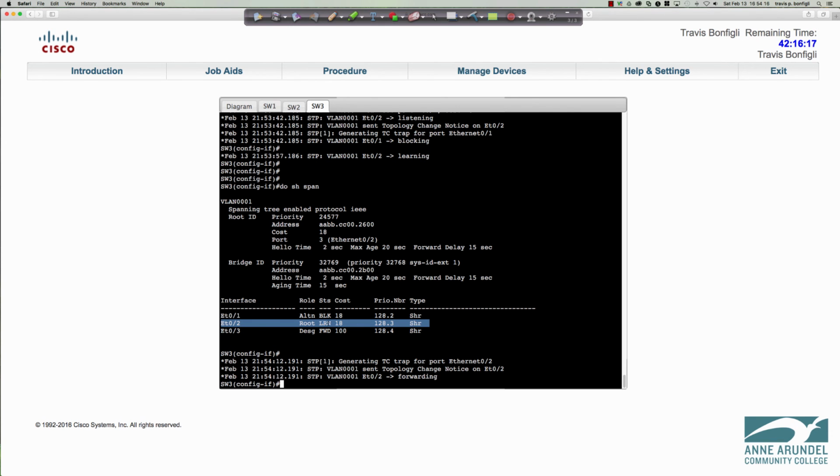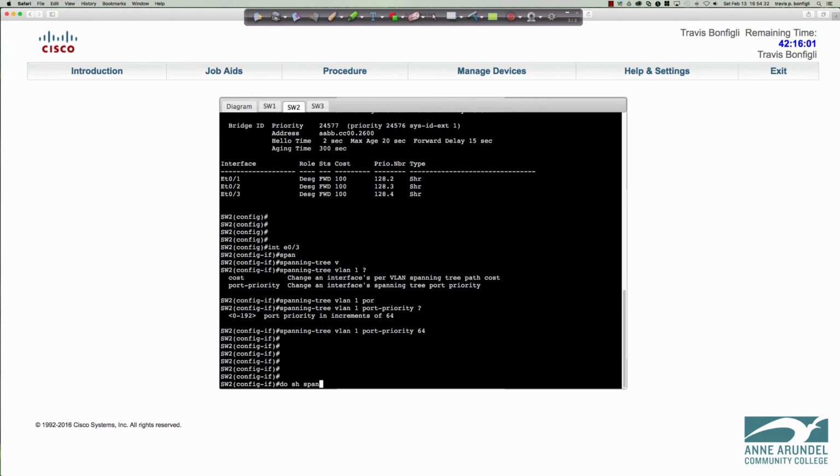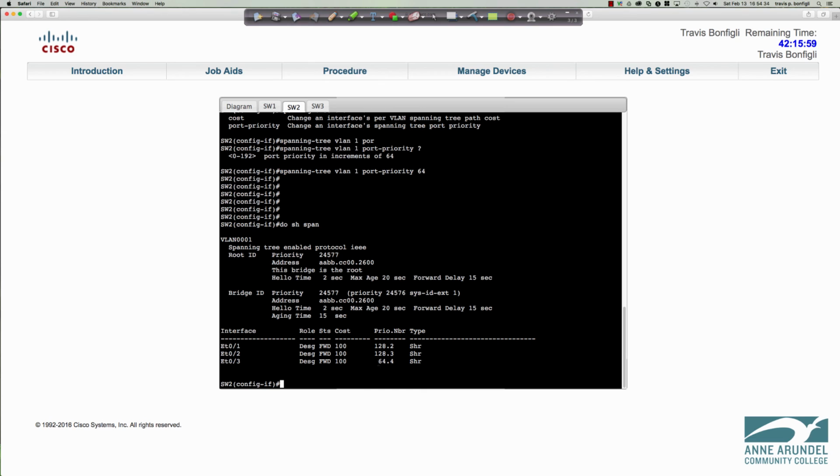And the tough part about this is you can see that these values are the same, and the priorities here are for the local ports. So it doesn't really tell you, oh yeah, it's because the port priority upstream has changed. You would have to go to switch 2 and say do show span and take a look at that. So this is now the lower sender port ID.